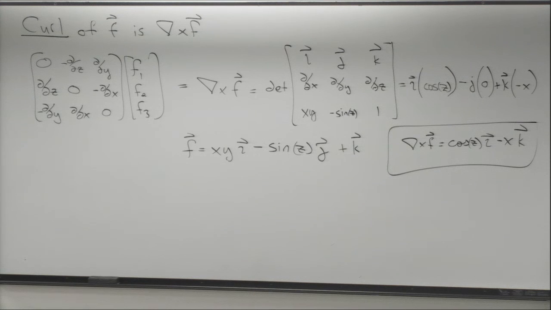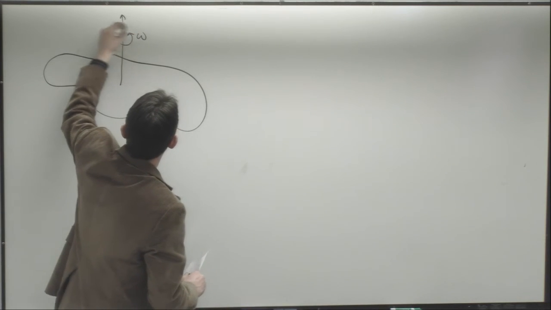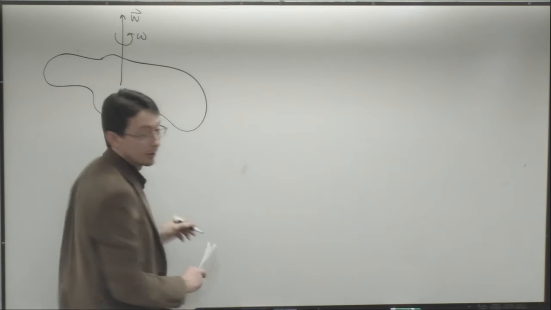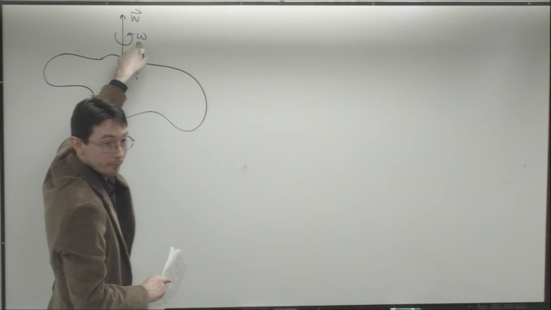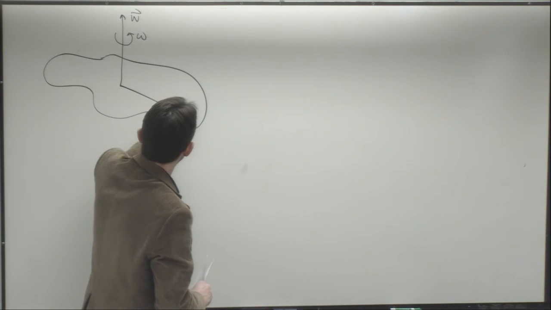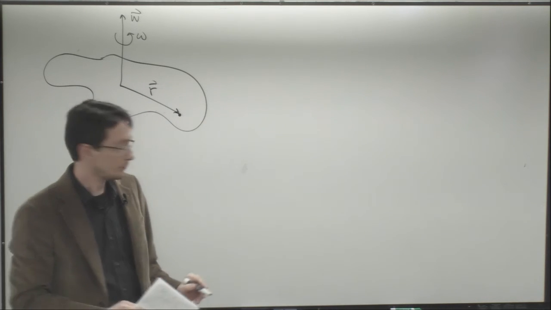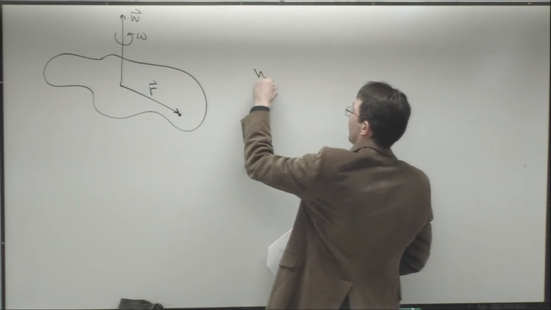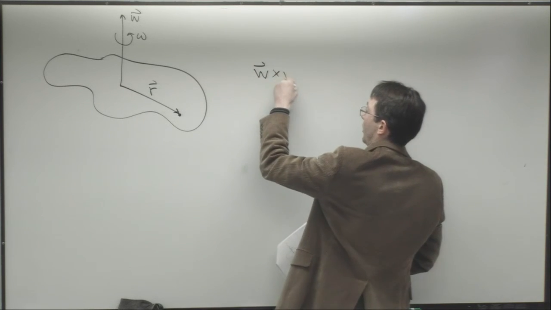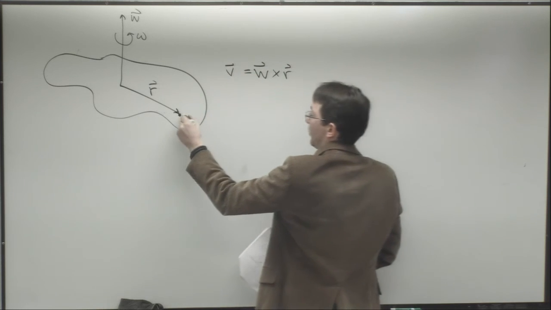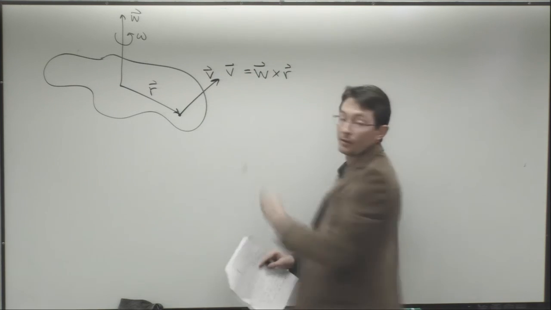Another example is a rotating solid object like an asteroid. Let's say I'm trying to land on an asteroid, and this thing is rotating about some vector w, and the length of w is its rotational rate, omega. If I am looking at some point at some radius from the origin, then we know that w cross r is that point's velocity.